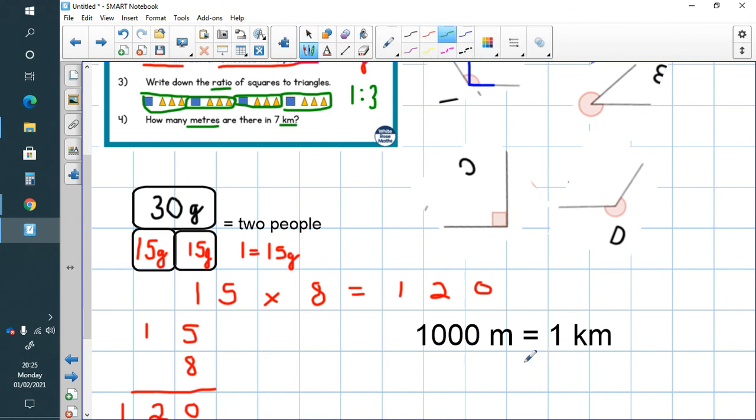But we want to know what 7 kilometers are in meters. What could I do to help me? Well, I know that this is 7 times larger. So therefore, I'm going to have to make this side 7 times larger as well, or 1,000 times 7, which would be, well done everybody, 7,000.